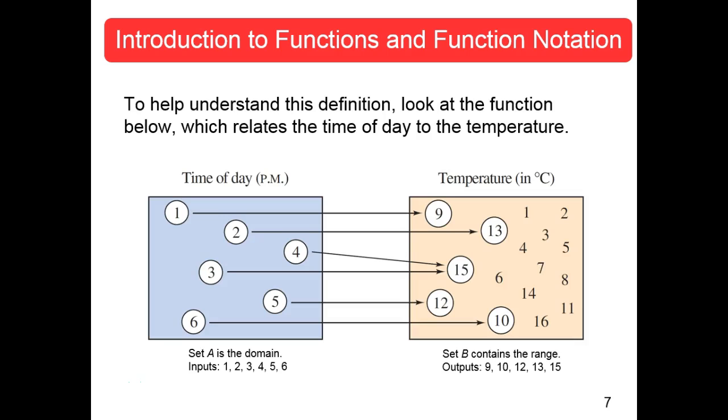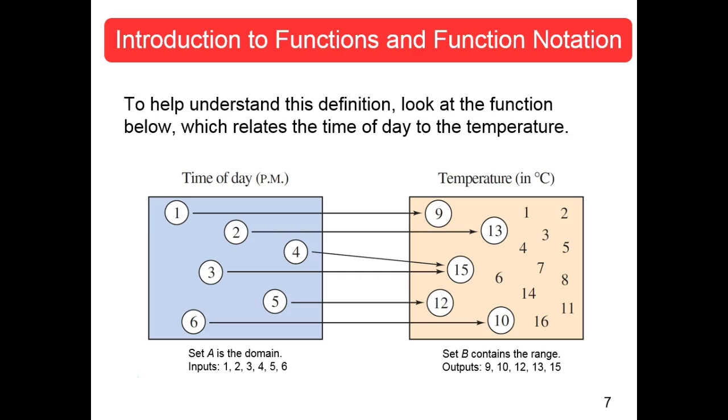Now, here's another way to express a function. This is usually called a mapping. To help understand that definition, let's look at this function here. Now, this is degrees Celsius, but it's probably a little bit warmer than we are today, but not too much.